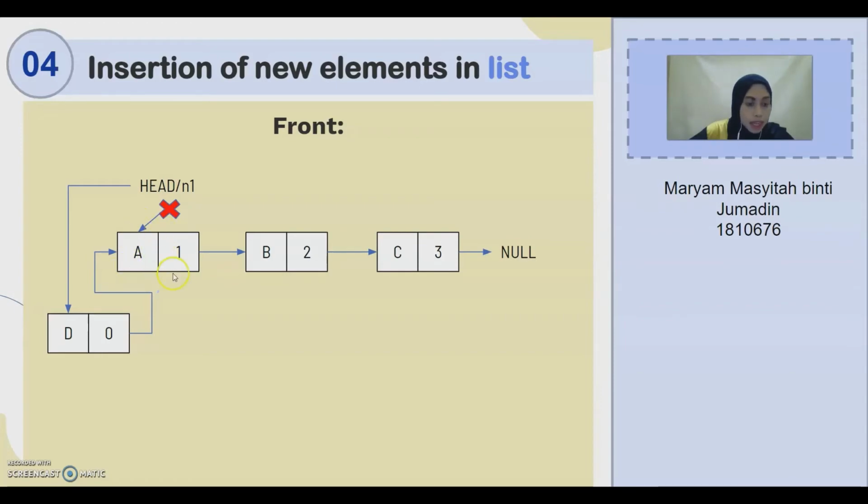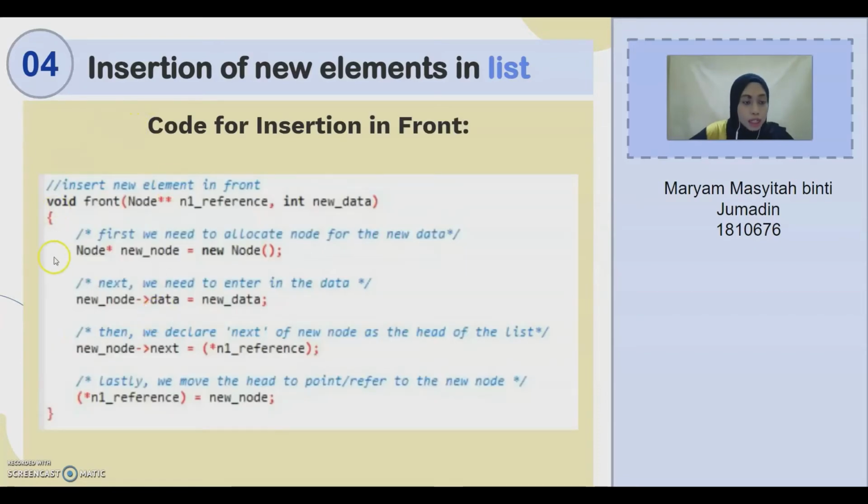At first the head of this list is the data 1, but after we insert 0 into this list, it will push the data 1 and 0 will enter the space of the n1. And node 0 will become the new head. So basically, this is the code.